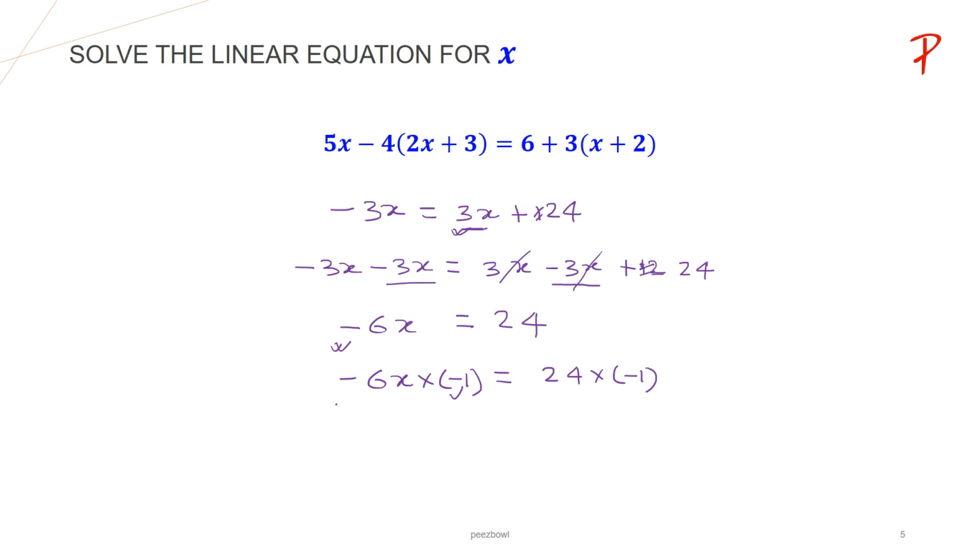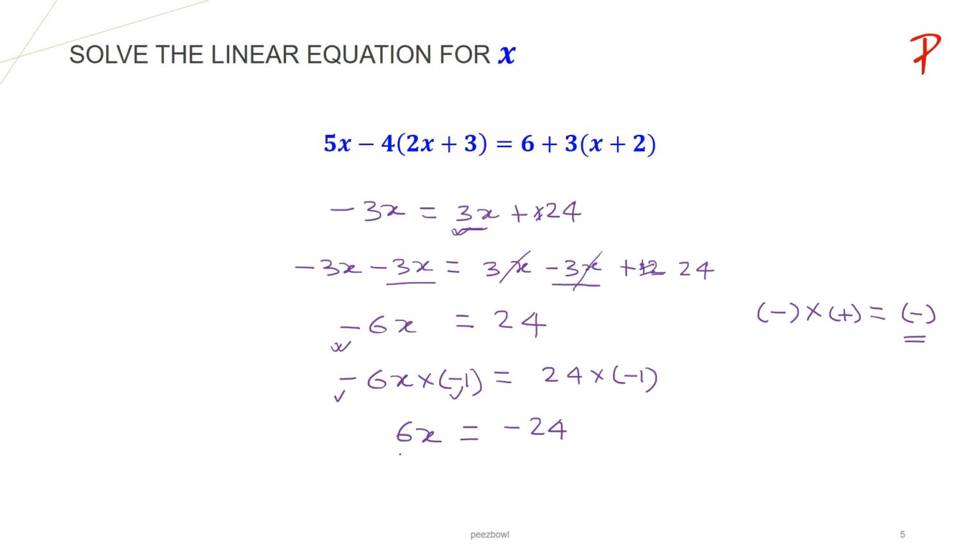Multiplying two negative integers gives a positive integer. So minus 6x multiplied by minus 1 is positive 6x. And here we have minus 24, because whenever we multiply a negative with a positive integer, the result is a negative integer, right?